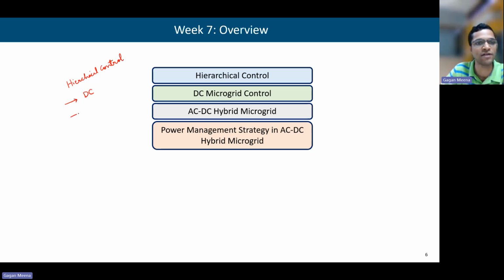First, AC, then DC microgrid, and then AC-DC hybrid microgrid. These are the three. This was the main content of this week.